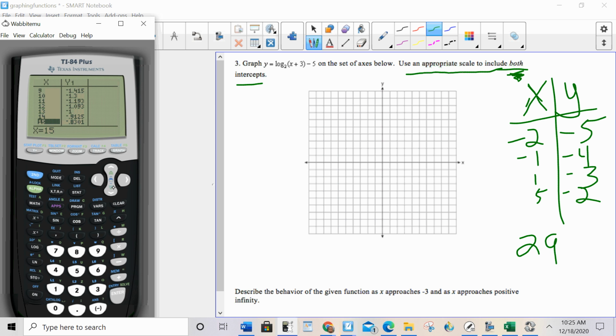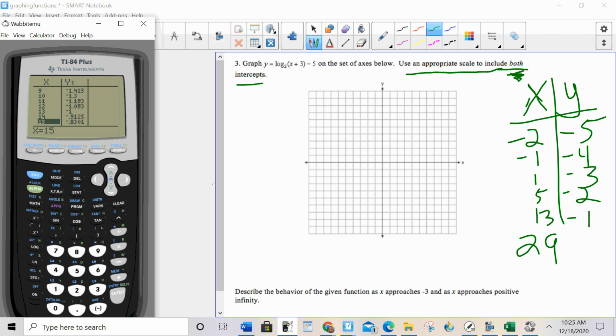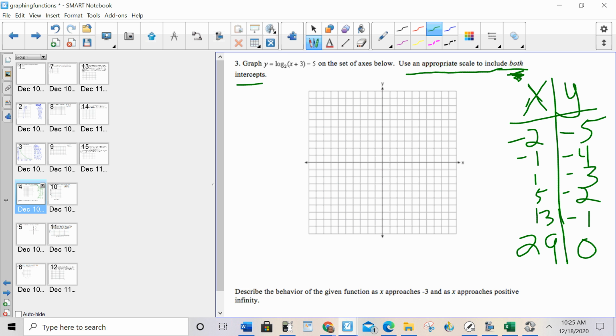I see 13, negative 1. And then 29, 0. Now I have an asymptote at negative 3. So I'm going to want to plot that as well. X equals negative 3 is going to be my asymptote.